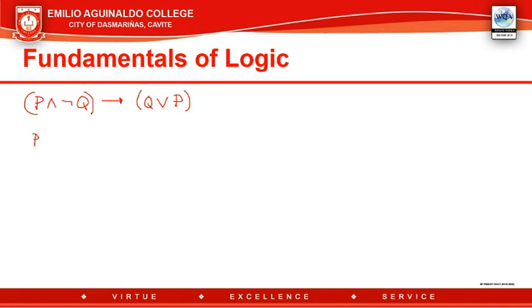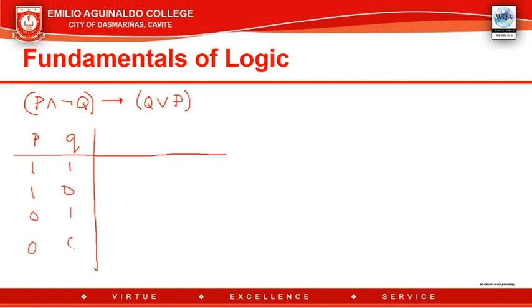We have here P, Q. Okay, aside from the values of P and Q, we have different rows. So we have 1 1, 1 0, 0 1 and 0 0. Then let's try to get the negation of Q first. So unti-untiin natin per row, no?